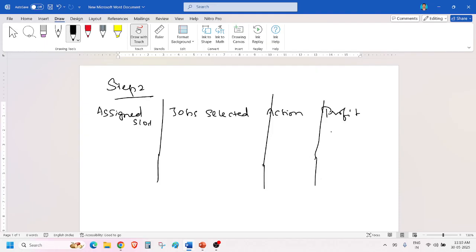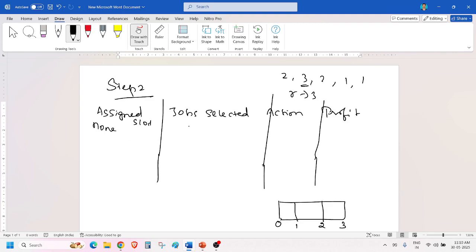If you take R, the deadlines we have arranged are 2, 3, 2, 1, 1, and the maximum deadline is 3. So your R value is 3. Now here you just make 0 to 1, 1 to 2, 2 to 3. Initially none, you are not going to arrange any of the jobs.